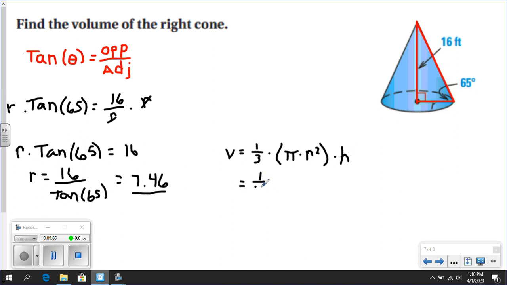So 1/3 times pi. For my radius, I'm going to use the 7.46. I'm going to square that. And my height, I see, is 16.